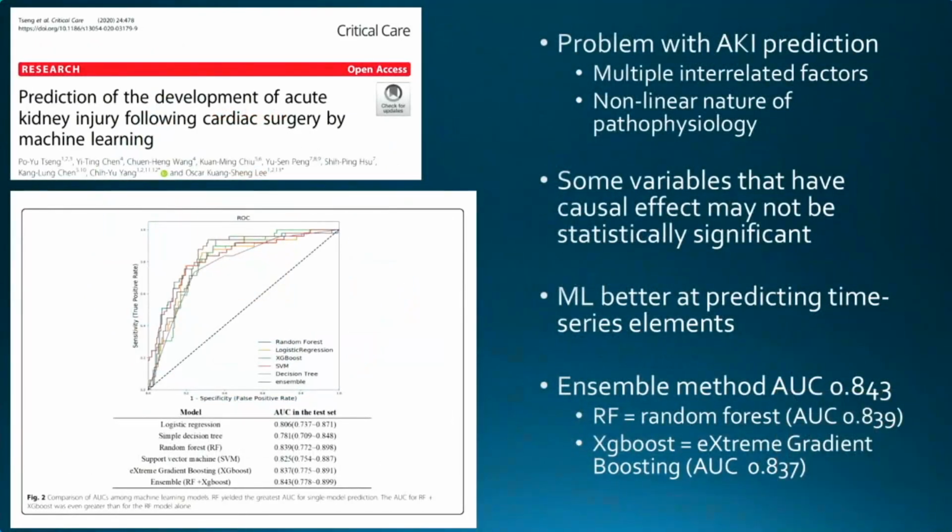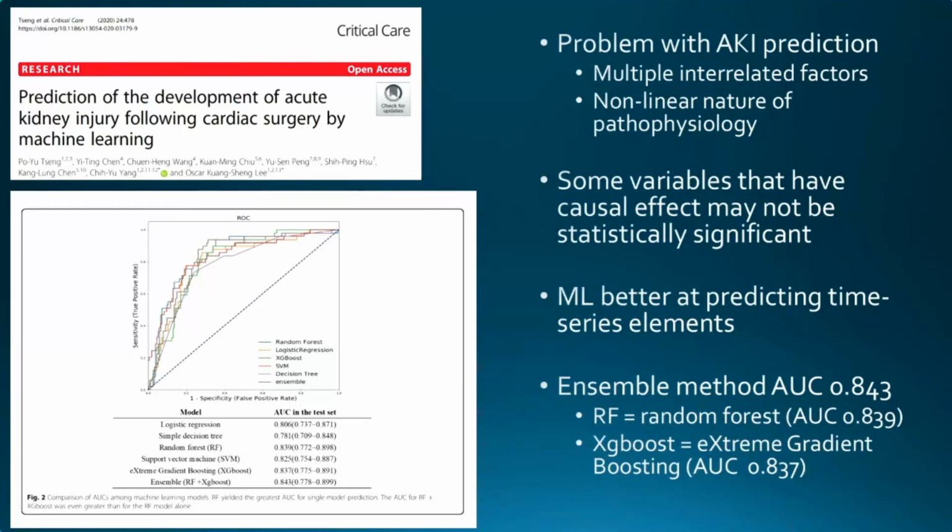There's been several studies, a lot of studies actually, looking at machine learning and cardiac surgery, and a lot of different methodologies of machine learning. This is a good paper that compares some of those different methodologies or techniques.